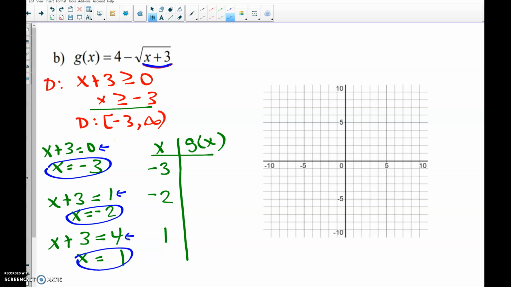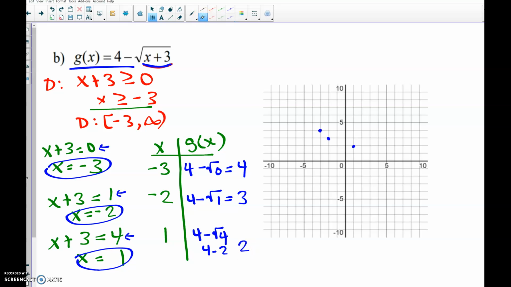However, we have a little bit extra stuff on the outside of the radical in our equation here, that 4 minus. So we really have 4 minus the square root of 0, 4 minus the square root of 1, and 4 minus the square root of 4. So this output will be 4. 4 minus 1 is 3. 4 minus the square root of 4 is 4 minus 2, which is 2.